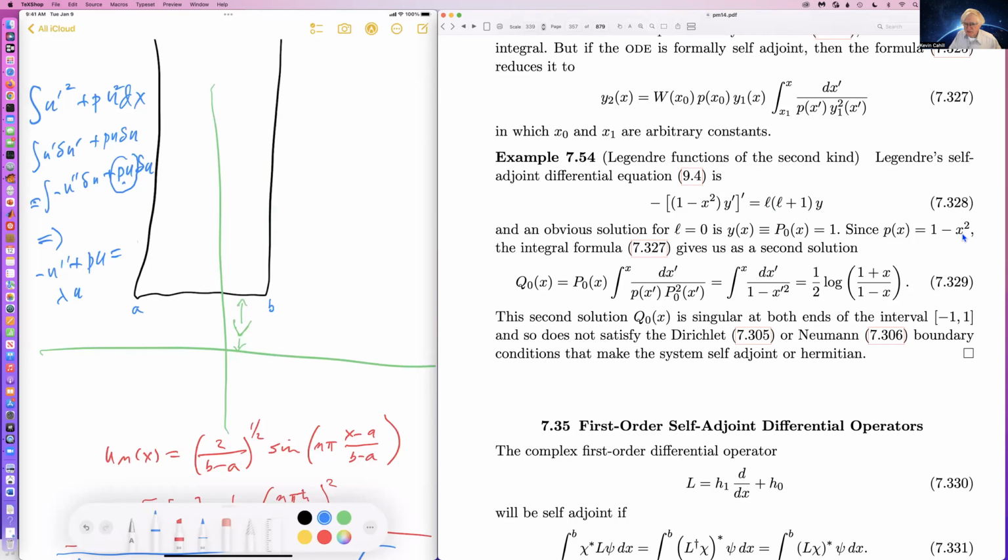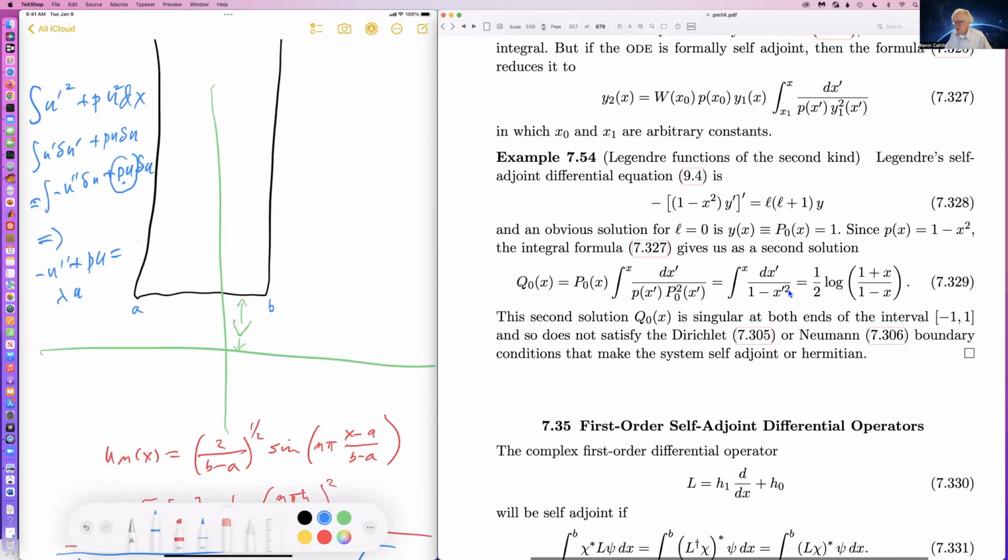And since P is 1 minus x squared, the formula for the Wronskian is P0 of x times the integral of 1 over P0 of x prime squared times P of x prime. P of x prime is 1 minus x prime squared, but P0 is just 1. And so we have to integrate this.